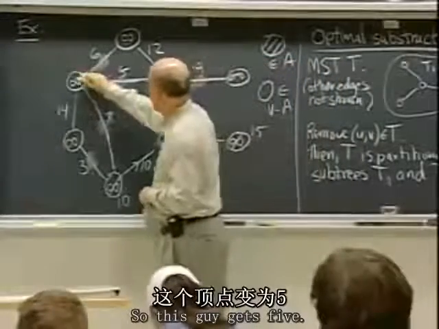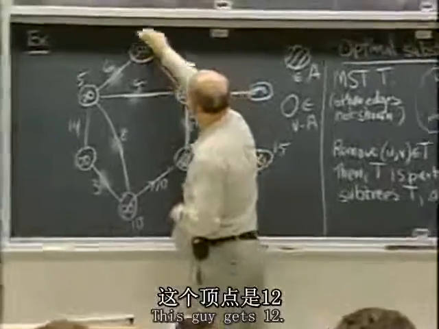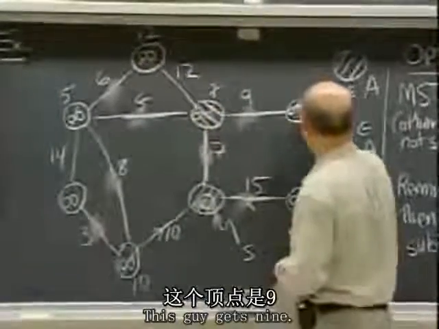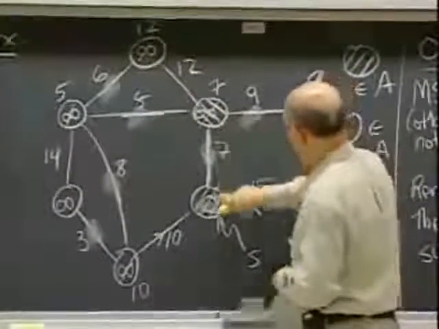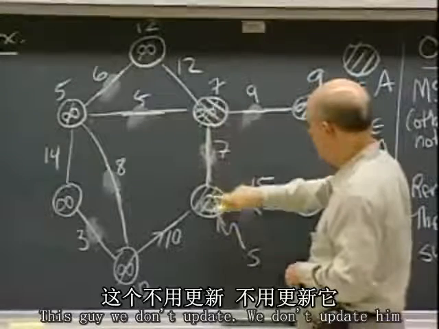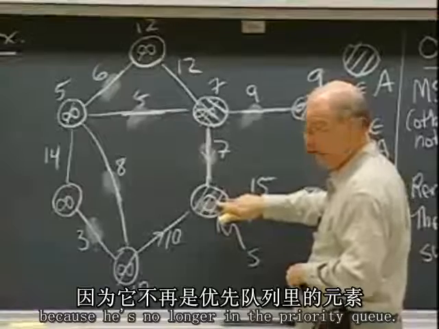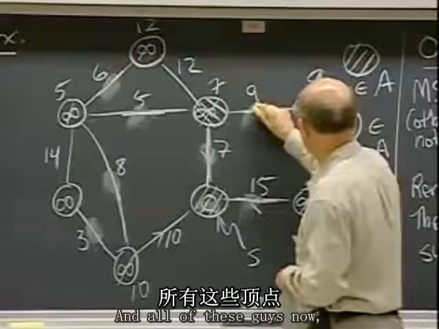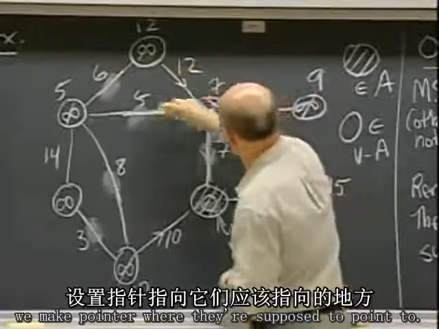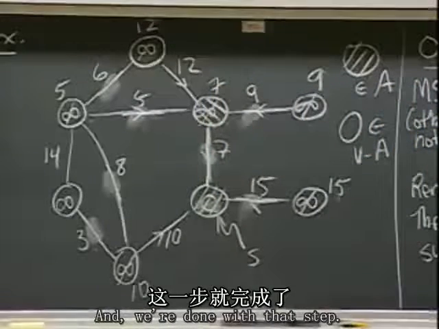So this guy gets 5. This guy gets 12. This guy gets 9. This guy we don't update, because he's no longer in the priority queue. And all of these guys now we make point to where they're supposed to point to. And we're done with that step.